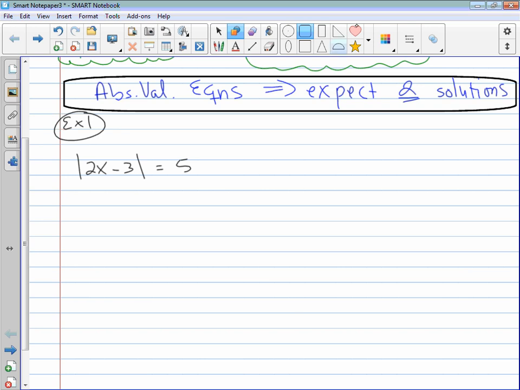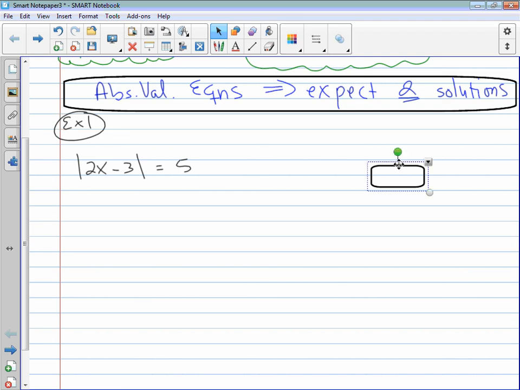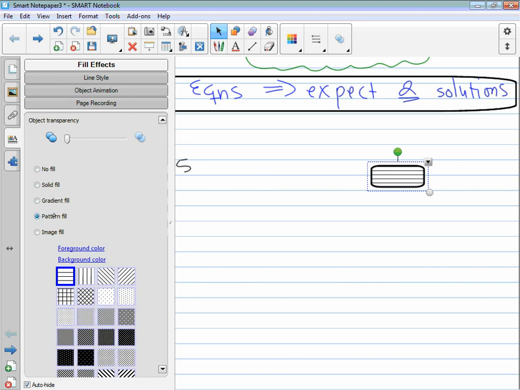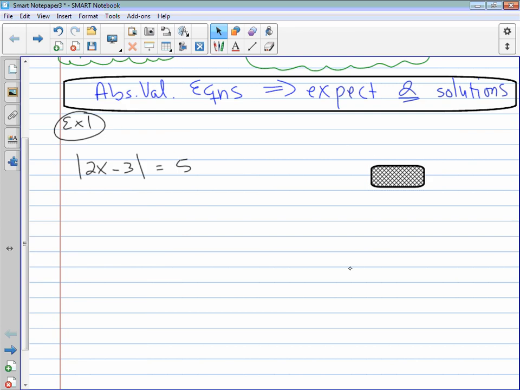Let me see if I can come up with something here. Let's use technology. Let's do a cool pattern. So take this absolute value and let's just cover it up for right now.